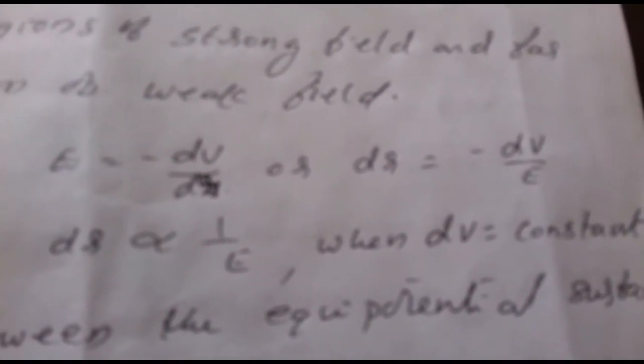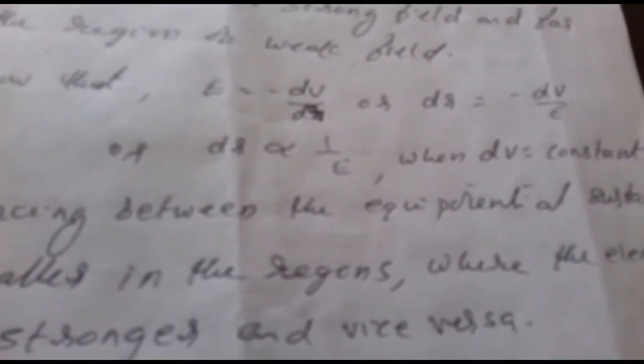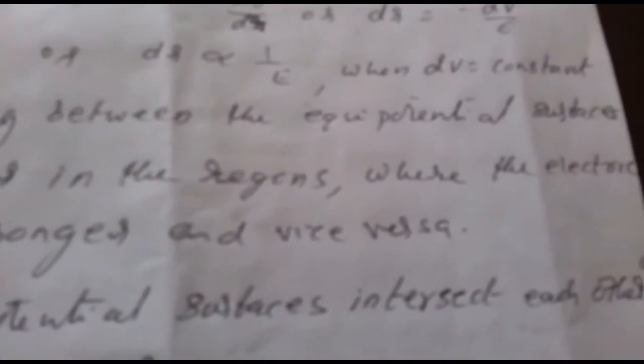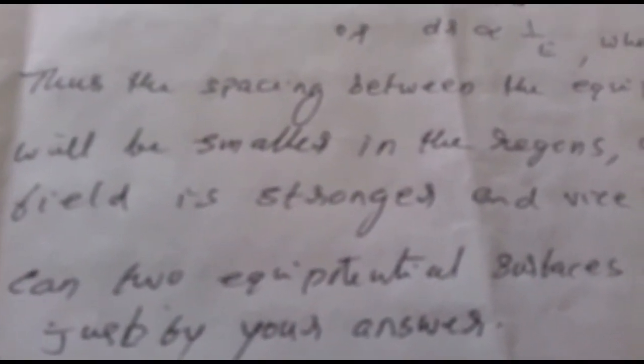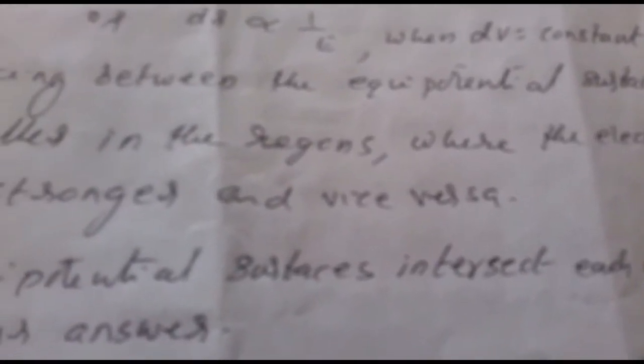E is equal to minus dV by dr, or dr is equal to minus dV by E, or dr is inversely proportional to E when dV is constant. Thus, the spacing between the equipotential surfaces will be smaller in the region where the electric field is stronger and vice versa.